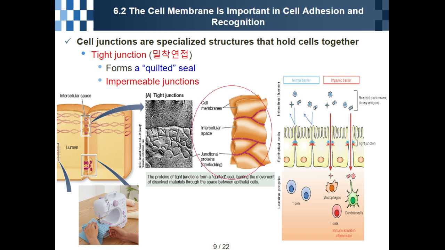If you see that between one cell and the other cell, there is a tight junction like this. So tight junctions form a quilted seal. Quilted.